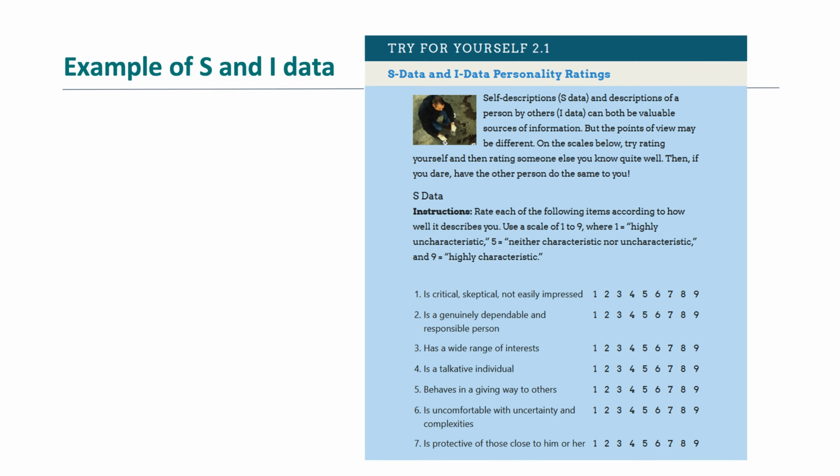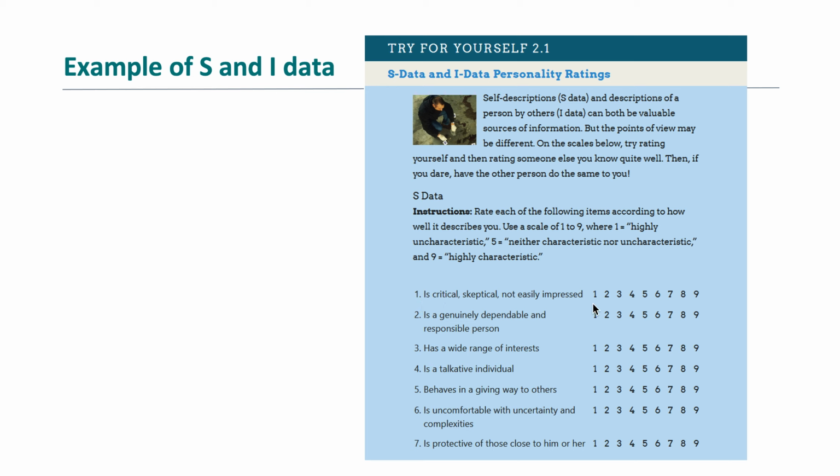So here's an example, and the nice thing about both S data and I data, so self data and informant data, is that a lot of times you can use the same methods of retrieving information. So I could easily go up to a person and say, hey, I want you to answer this Likert scale, a scale of 1 to 9, 9 being most, 1 being least, where is critical, skeptical, or easily impressed, right?